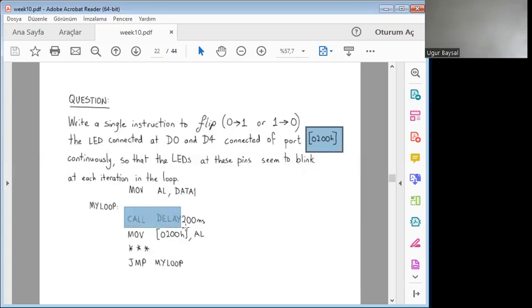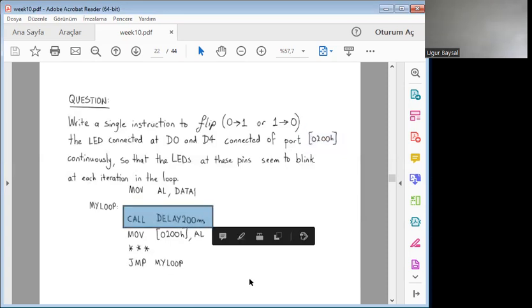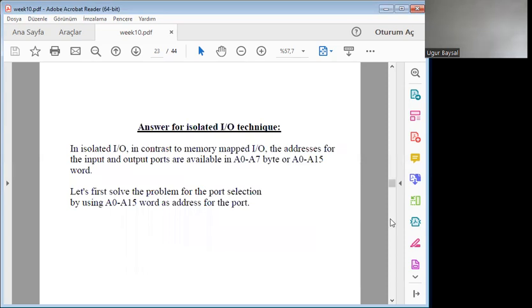So you have to write some assembly routines to have delays for visibility. If you turn this LED off, you should again add this delay to the program so that you can follow the on and off toggles of these LEDs.